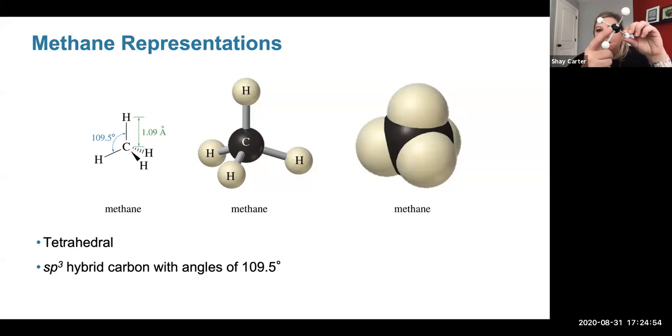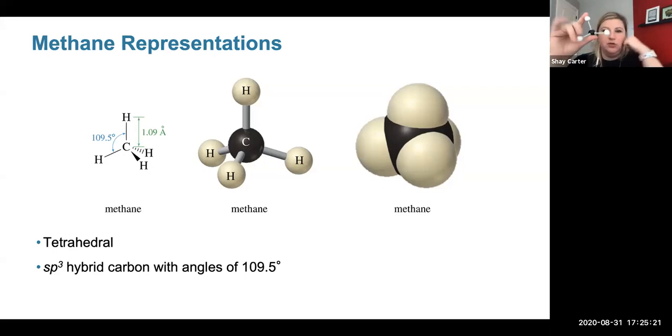It's sp3 hybridized. It has all single bonds, which means that it's tetrahedral. Tetrahedral means that if we were to connect all the lines, we would have a triangular sided pyramid, which is called a tetrahedron. The bond angle from here to here is approximately 109.5 degrees.